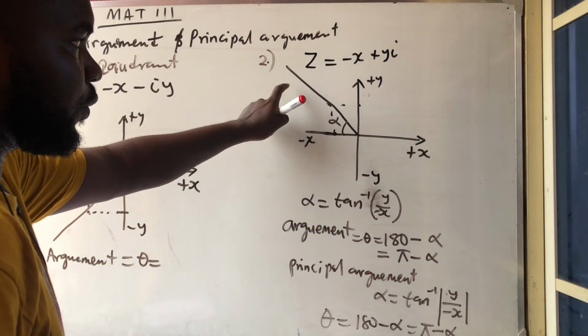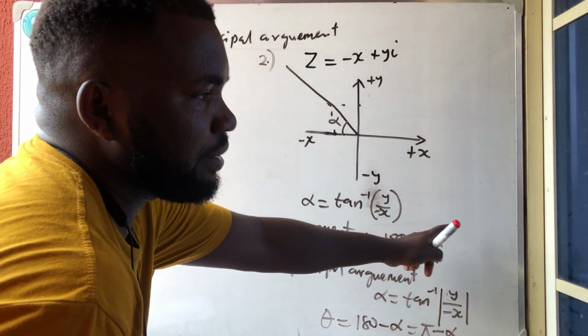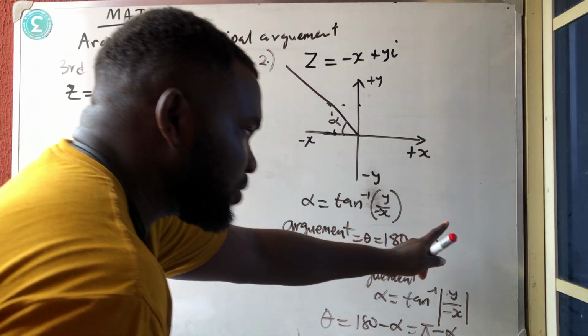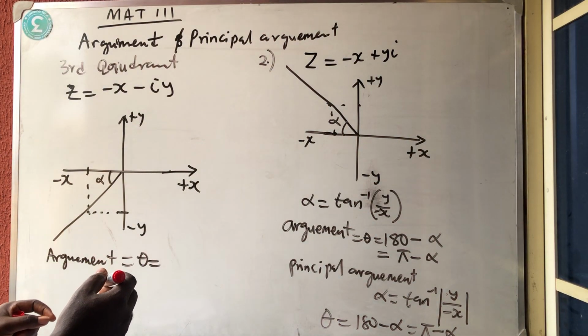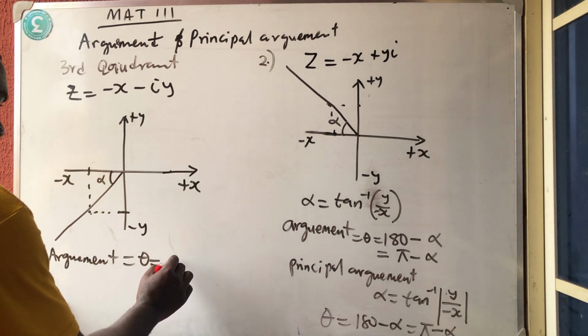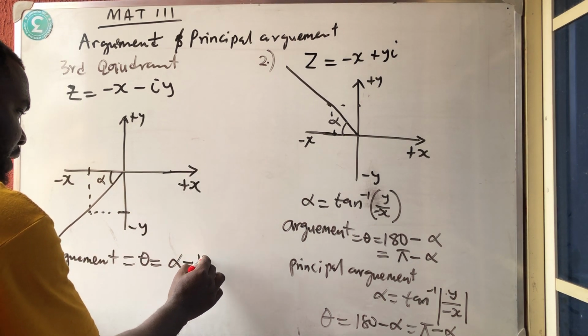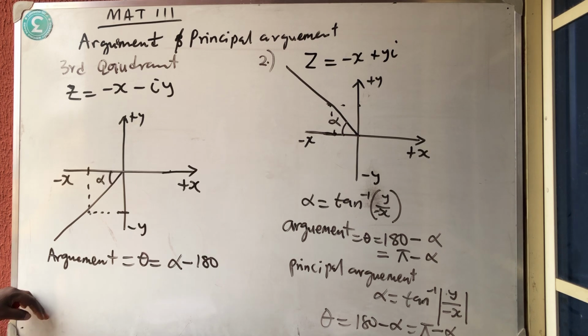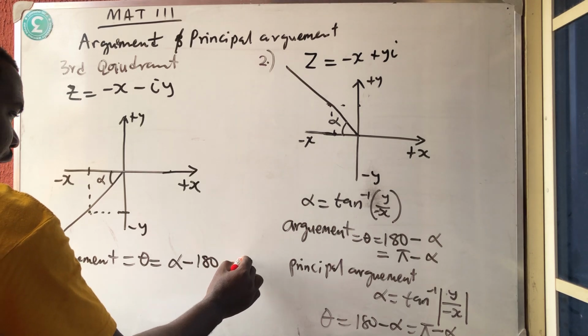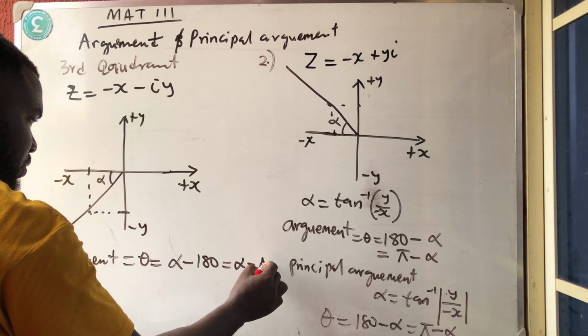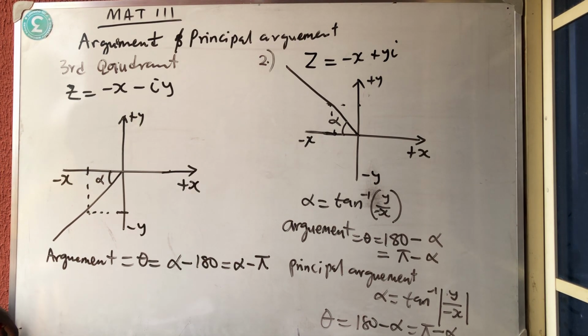For the second quadrant it is always 180 minus, but for the third quadrant it is that number minus 180. Are you getting it? Because that number is going to be bigger than 180, so it should be alpha minus 180. Please, alpha minus 180. Which is the same as saying alpha minus pi.